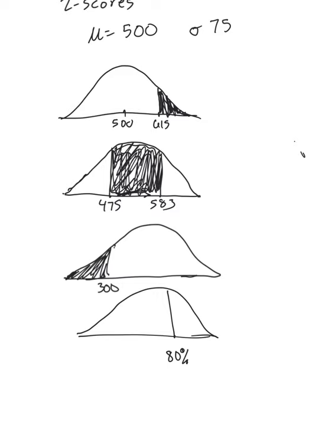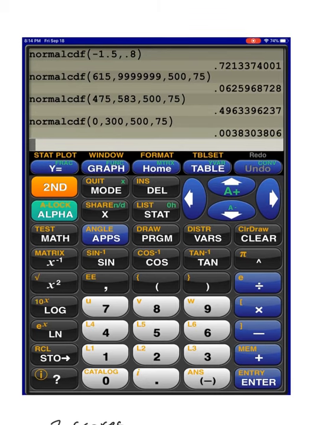So I go back to the graphing calculator and think about something differently. What if we want to know how many apples I would have to get to be within the 80th percentile?